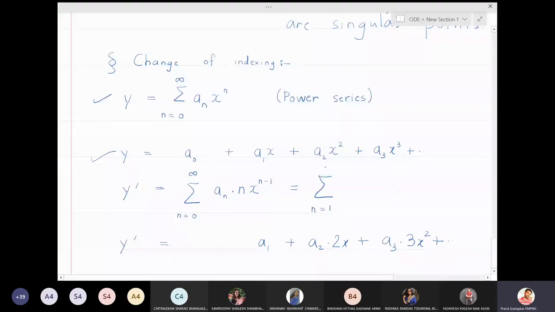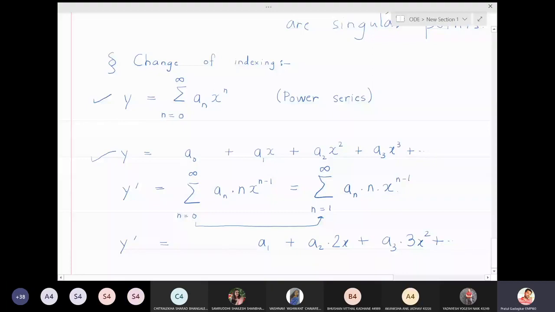So I will just remove that and write a_n into n into x raised to n minus 1. I hope it is understood why I converted the summation from n equal to 0 to n equal to 1, because at n equal to 0 it was giving me a 0 term anyway, and now it matches with the lower expression.